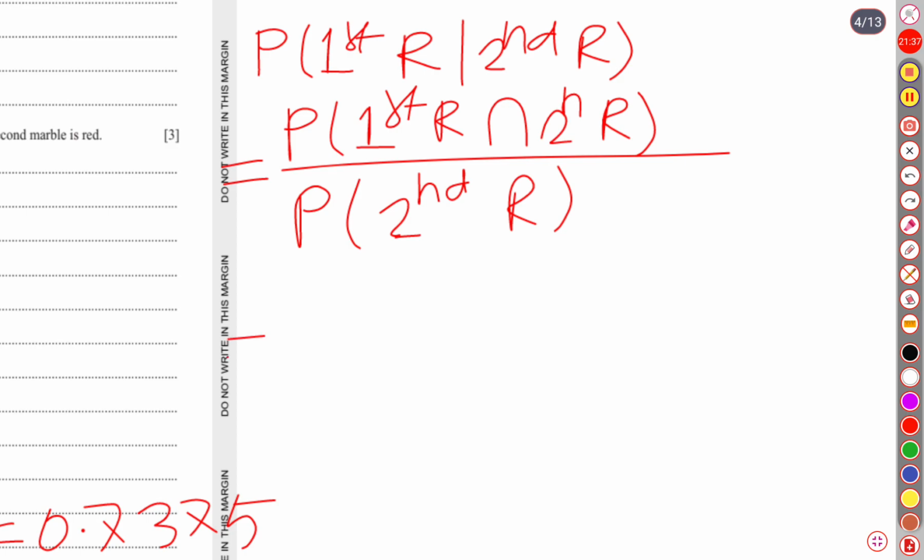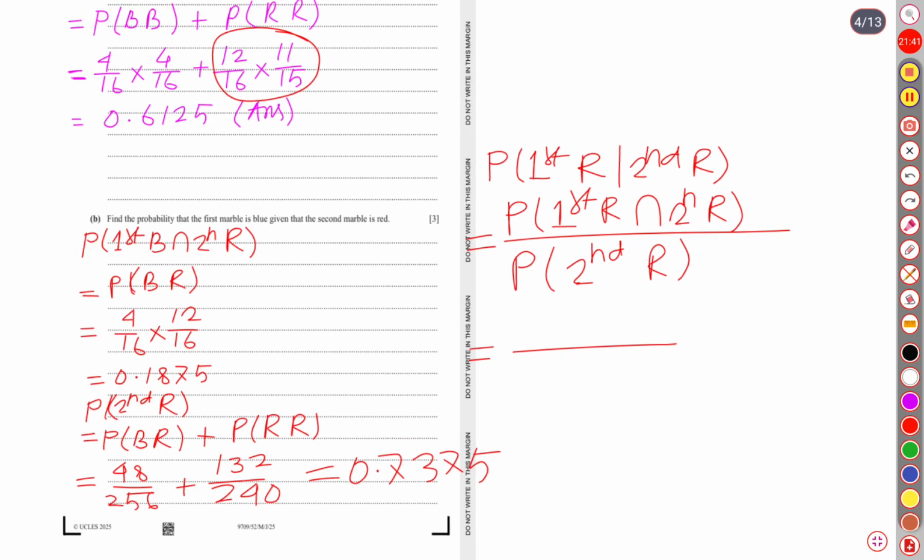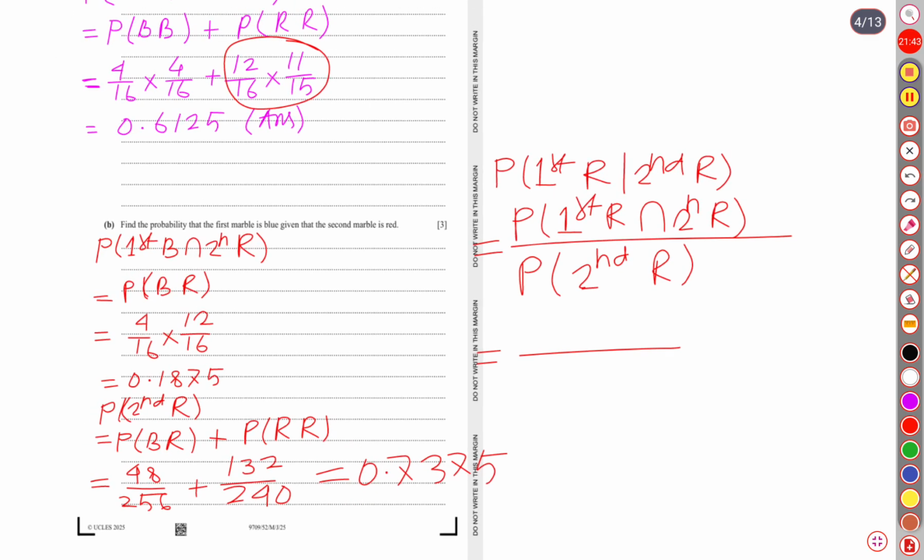So already we have obtained the supporting information when the first one is red intersected by second.